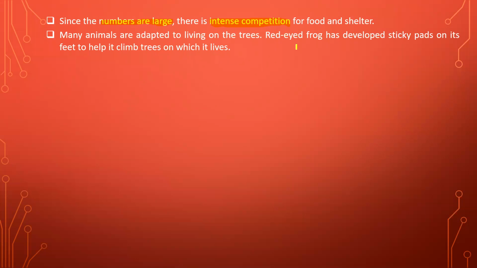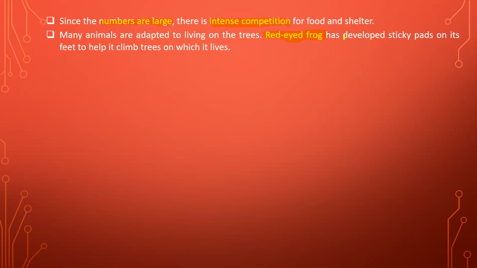If we consider some examples, the best example is the red-eyed frog. Actually, we know that a frog lives in water or in small ponds. But in the tropical rainforest, there is a particular frog referred to as the red-eyed frog, which has adapted to live on the trees. And how do they live on the trees?